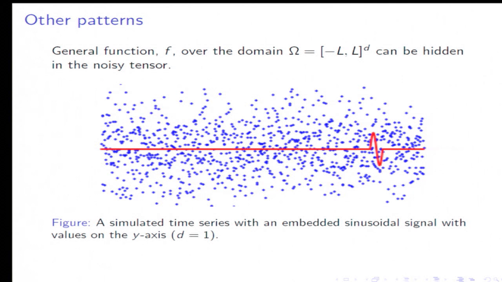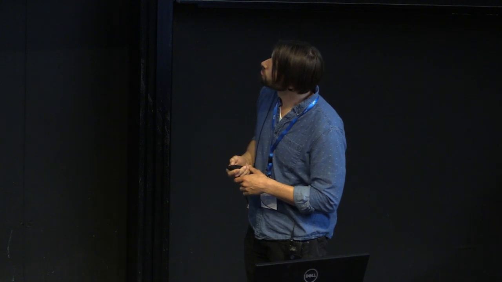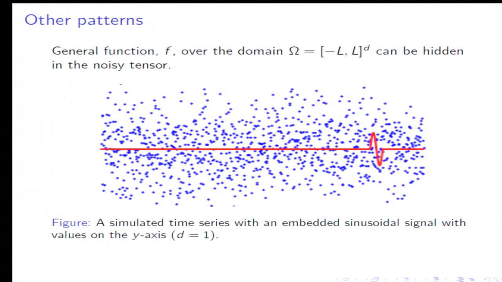Our function is this little wavelet; these are wavelet-type filters that we're going to be considering. It's localized, somewhere in this tensor, and we don't know where it is, and we actually don't know its scale. It could have a long periodicity or a short periodicity.